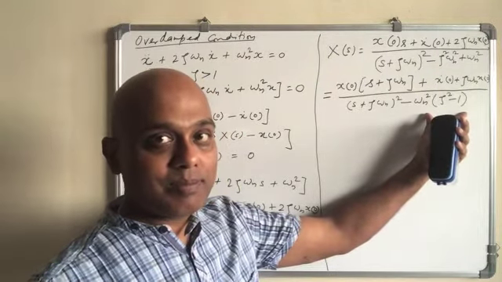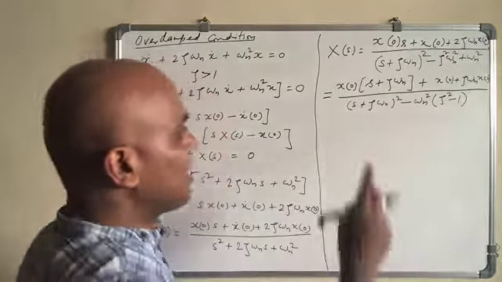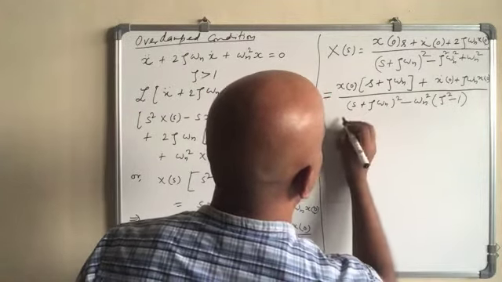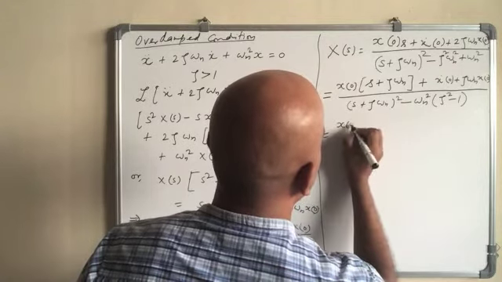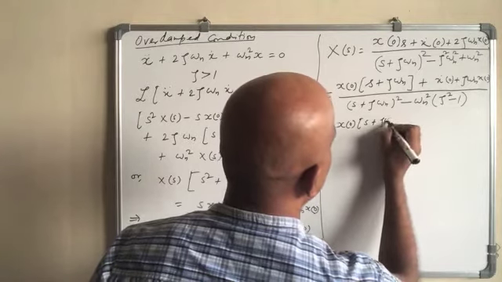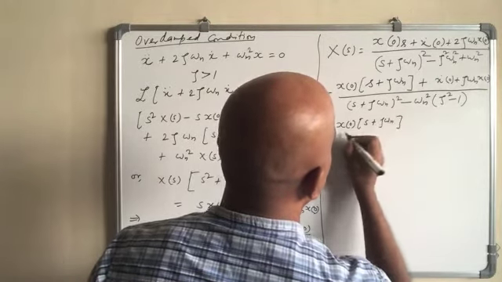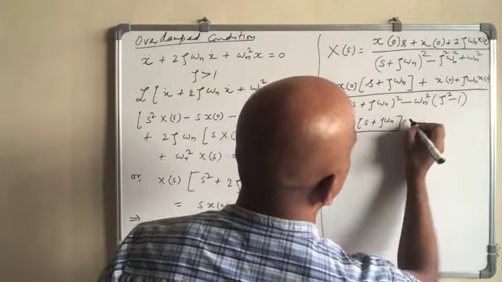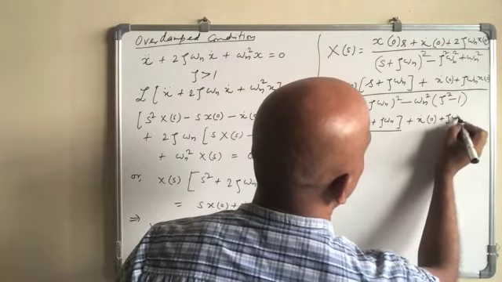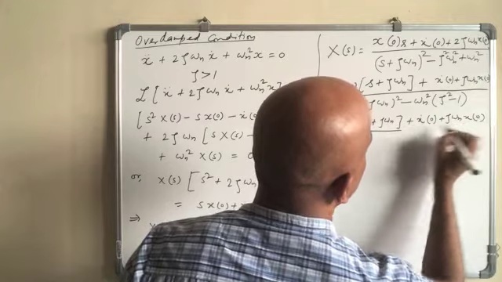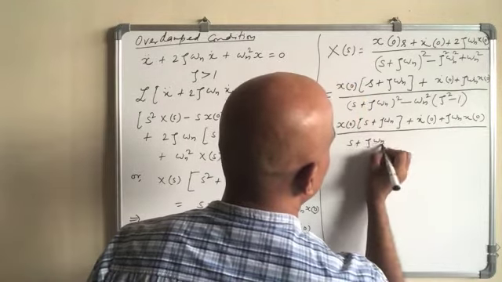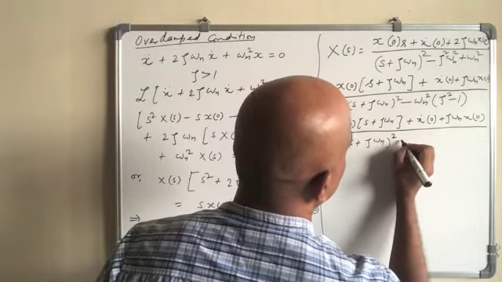That means we can also write it like this: x0 times s plus zeta omega n, plus x dot 0 plus zeta omega n x0, divided by s plus zeta omega n whole square minus that term.